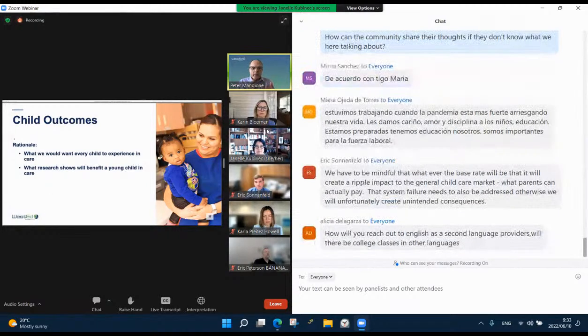So we want to start there, and we want to use research as a guide in doing this. Research isn't going to tell us everything. We have a lot of practical experience, and we need to use everything we know from the early care and education that we're providing young children in our state.